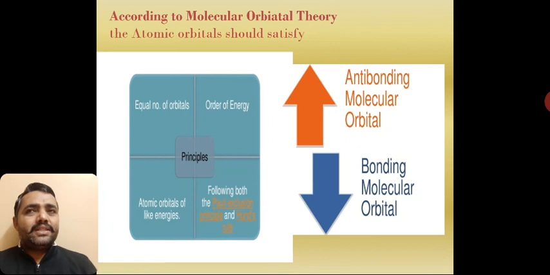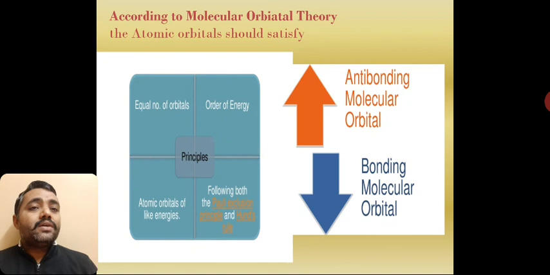Another is comparable energy, meaning both are at the same energy level. And the third, an important point, is good overlap. So matching symmetry, comparable energy, and good overlap are needed to form molecular orbitals. I have to mention here equal number of orbitals, meaning 1s orbital with 1s orbital, of comparable energy, and some principles you can discuss on a later slide.